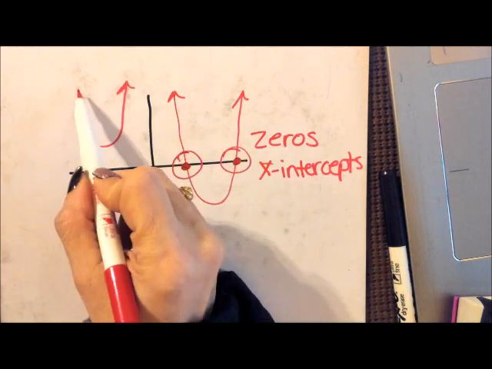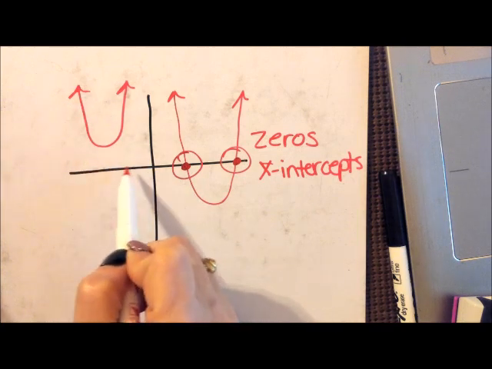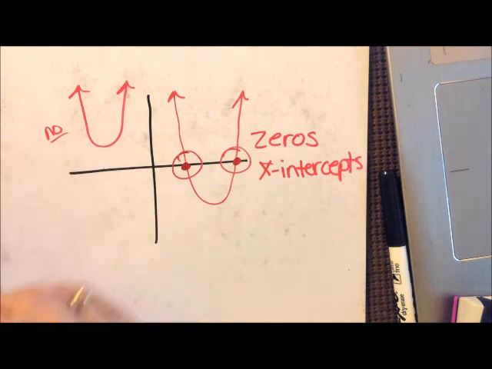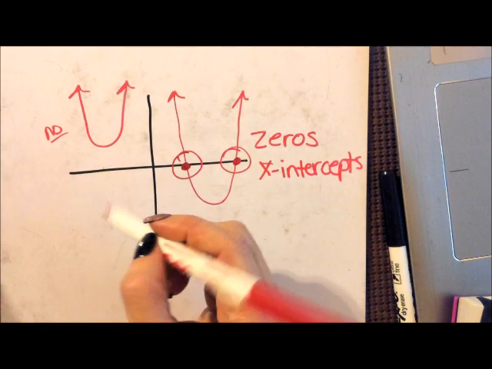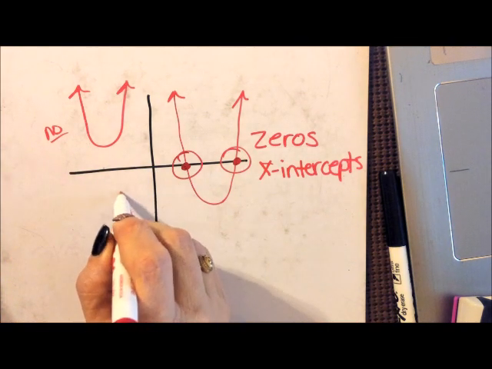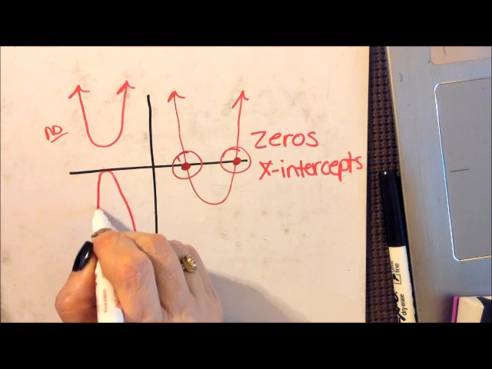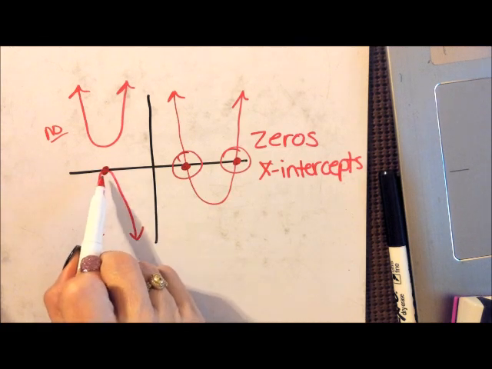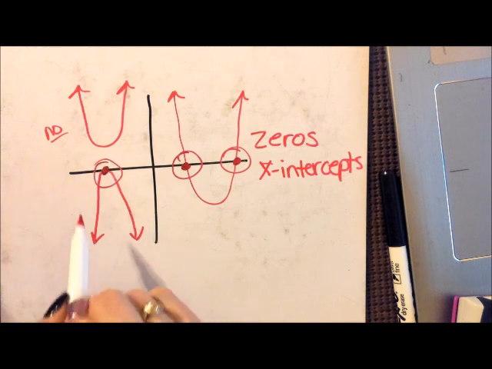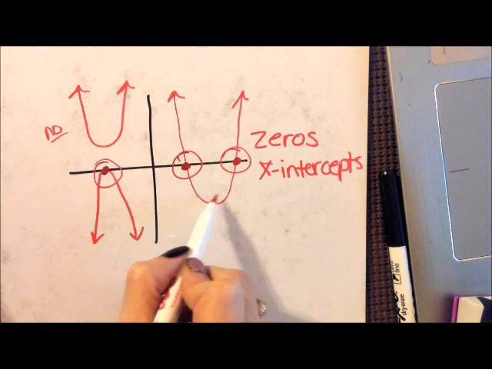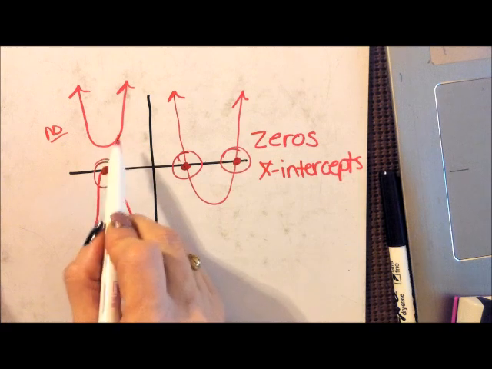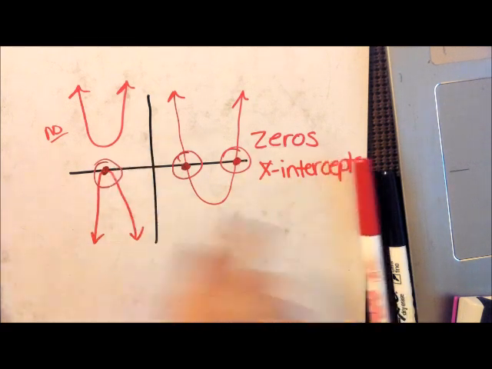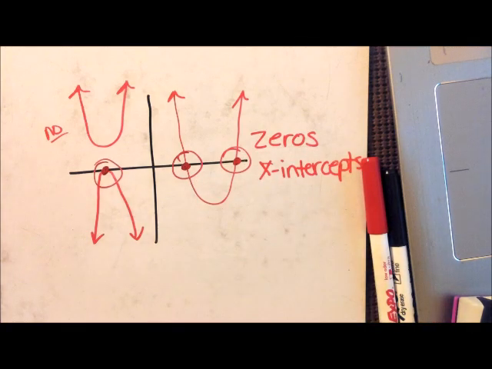I could have a parabola where it doesn't ever cross here. And in this situation, there would be no zeros. There's not any. There could be a situation where your parabola comes up, touches the graph, and comes right back down. In this situation, there's only one zero. So I could have 2, none, where it doesn't cross it at all, or I could just have 1. And again, it's just a point, whatever that point happens to be.